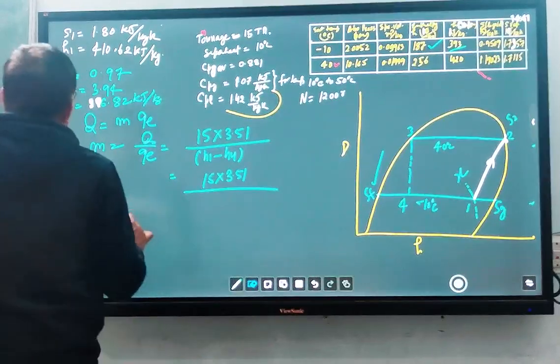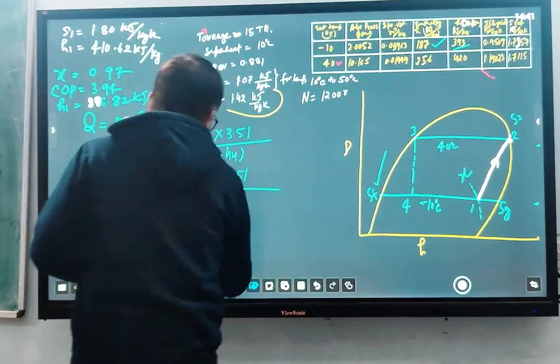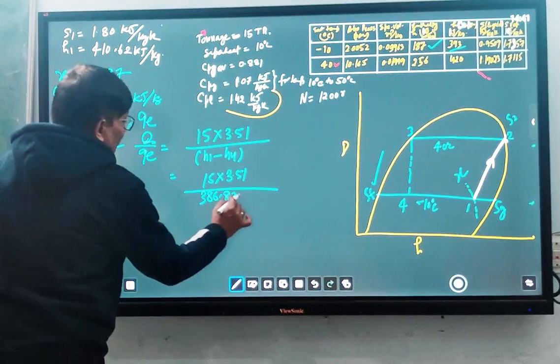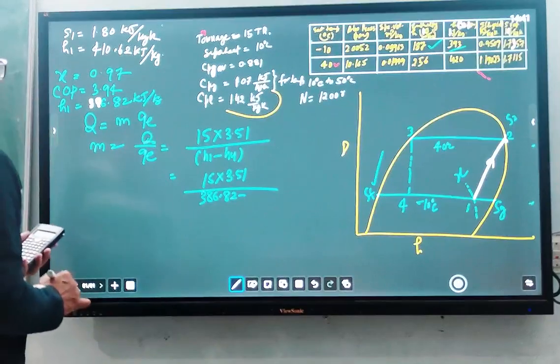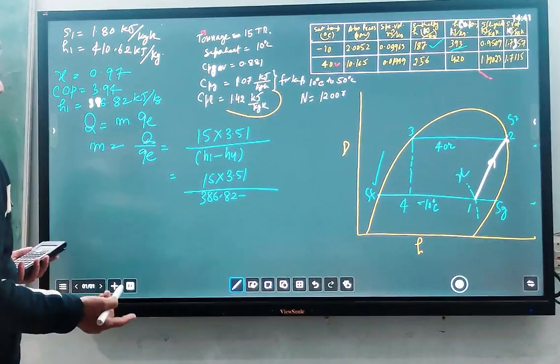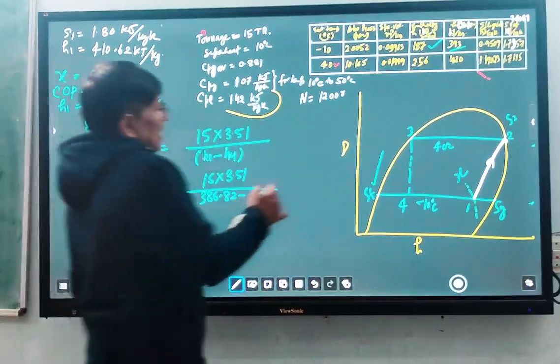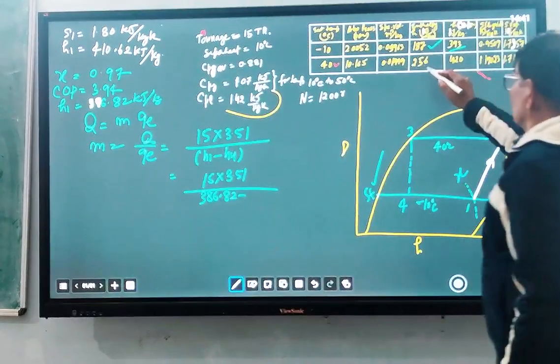So 386.82 minus H4. H4 equal to H3 because it is an isenthalpic process. H4 equal to H3, and H3 you can see is 256.